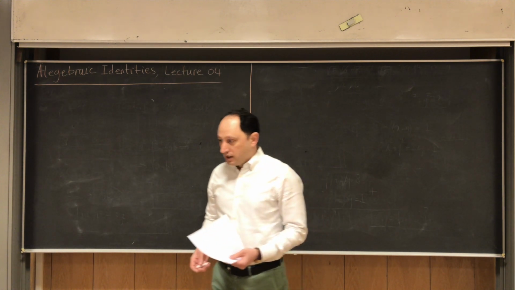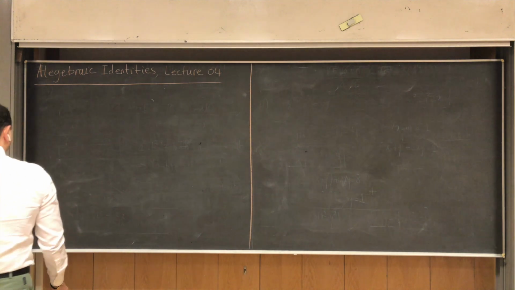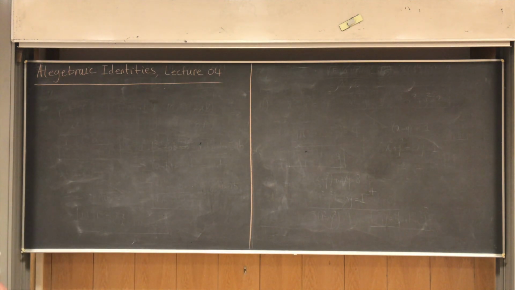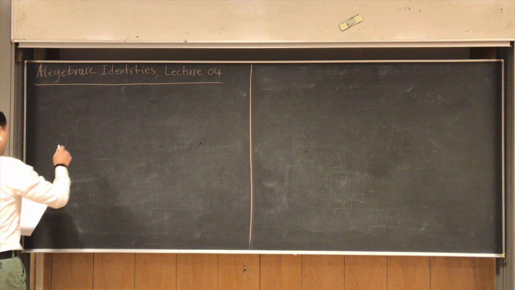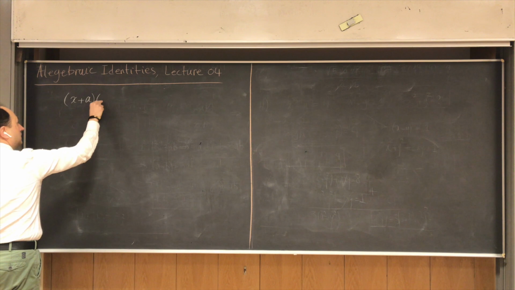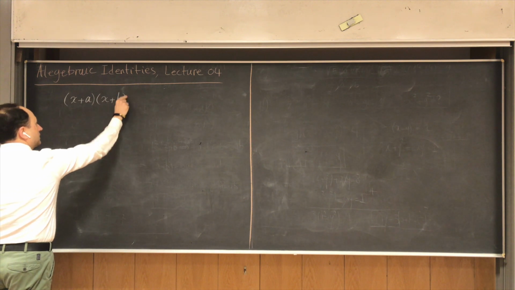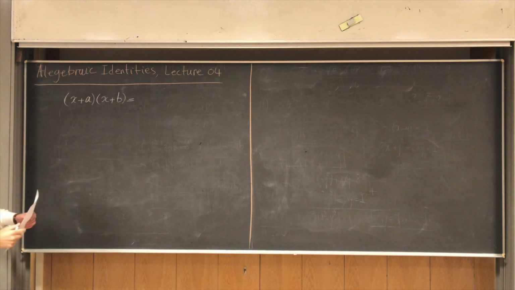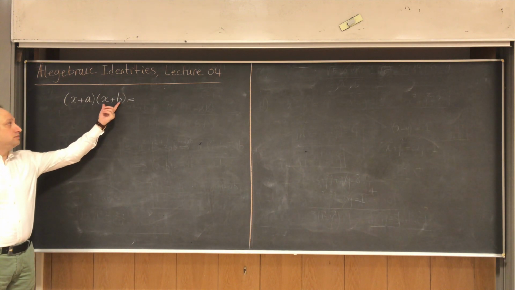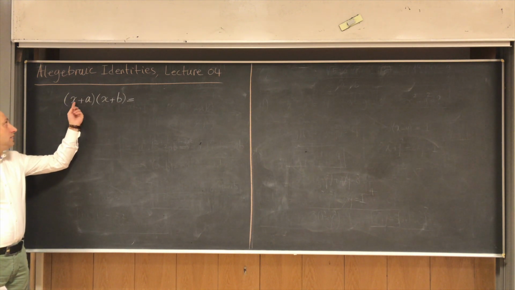Okay, so I want to introduce a new, very simple identity in the beginning. It's a very simple identity, but a very useful one. If I have x plus a multiplied by x plus b, I have a binomial multiplied by another binomial with one expression in common, here x.